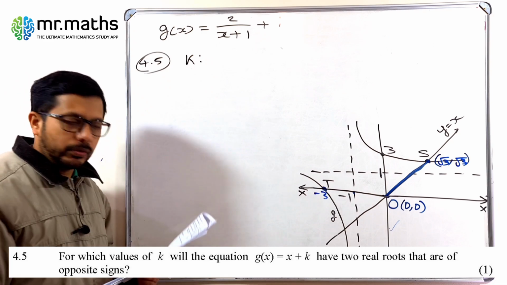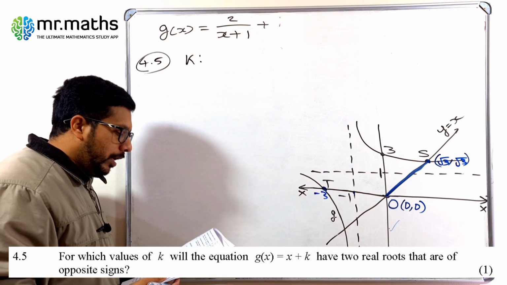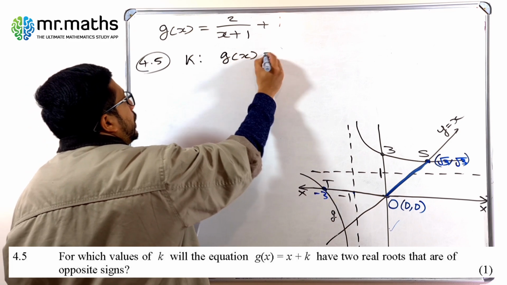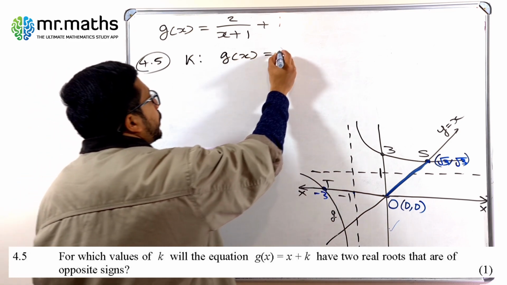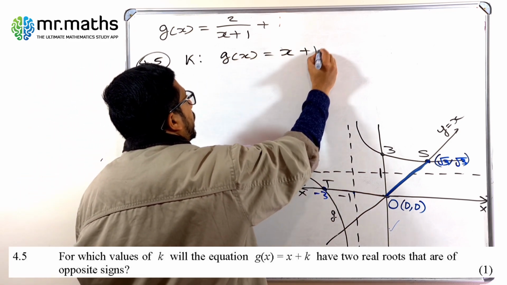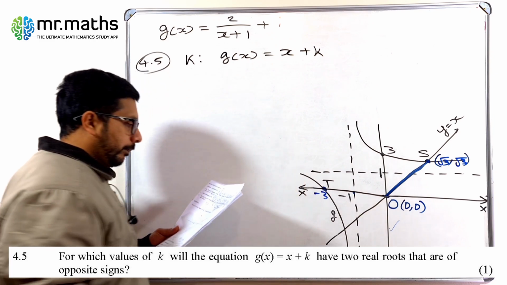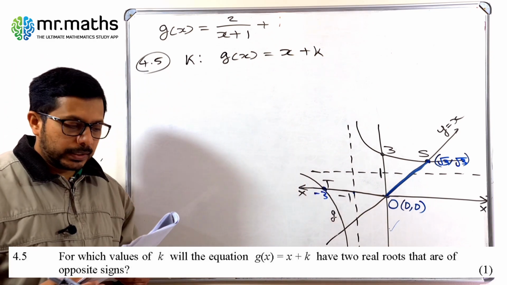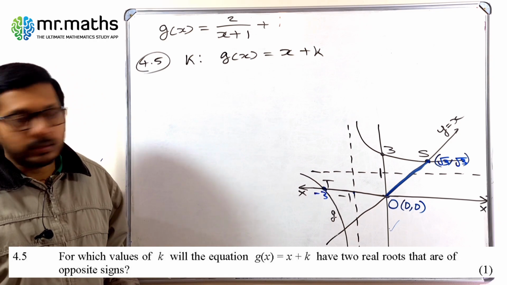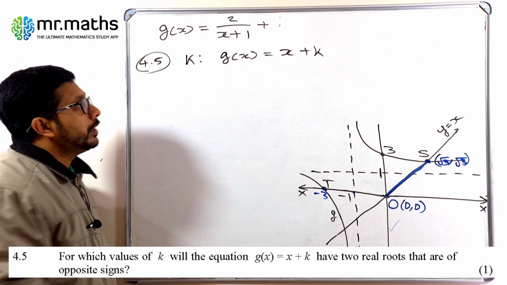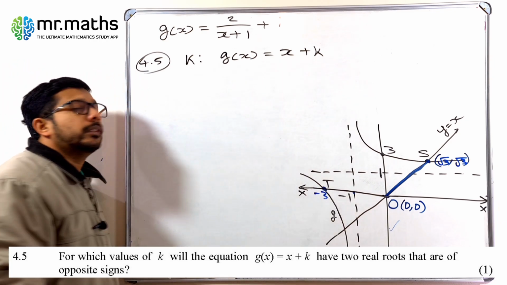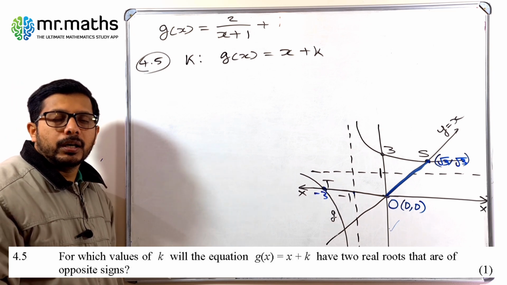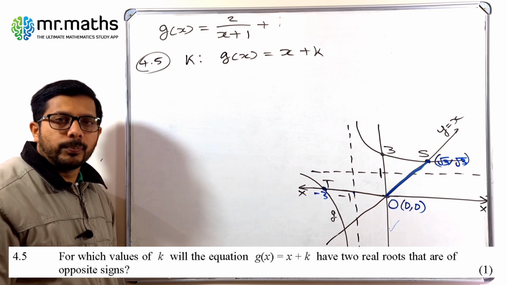For which values of k will the equation g of x is equal to x plus k have two real roots that are of opposite sign? For what value of this k?